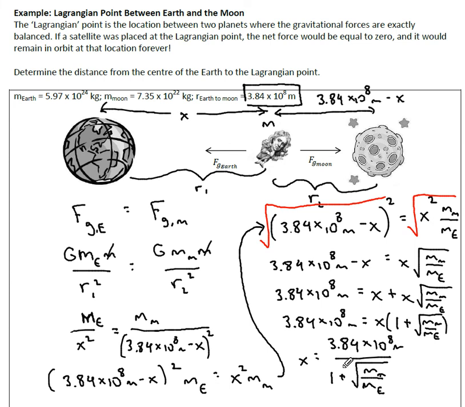So we do 1 plus the square root of mass of the Moon over mass of the Earth, plug it all in, and we end up with the value of x equal to 3.46 times 10 to the power of 8 meters. So this equation can actually be used for any of the Lagrangian points. You just need to know the distance between the two objects plus the masses of each object.